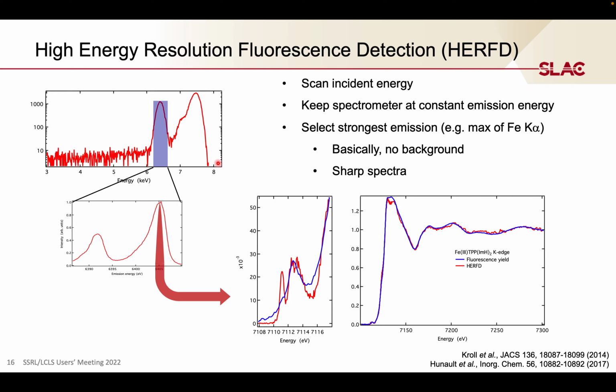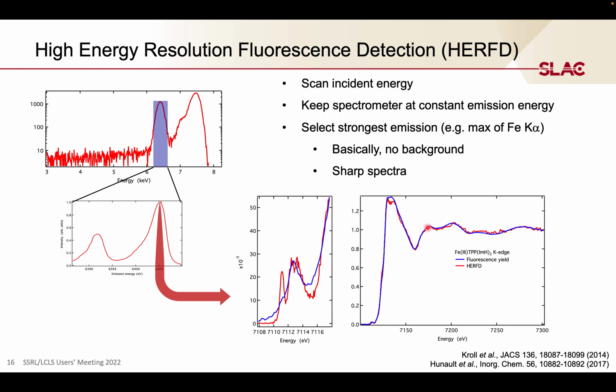Here you have the elastic peak, you have Compton scattering, and here you have the inelastic intensity from the K-alpha emission. Since the resolution is so bad, you cannot separate anything. So what you do is set a window around here, given in light blue, and integrate whatever's in that window, and that is your intensity for a given absorption energy. Then you build your spectrum, which would look somewhat like this, similar to what I have in blue.